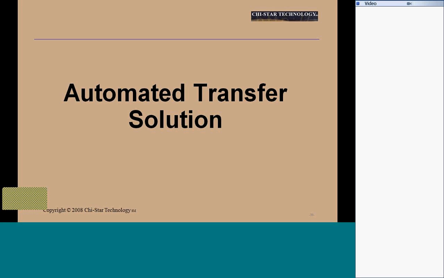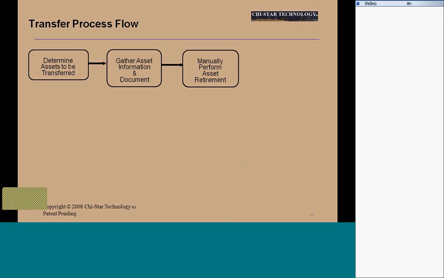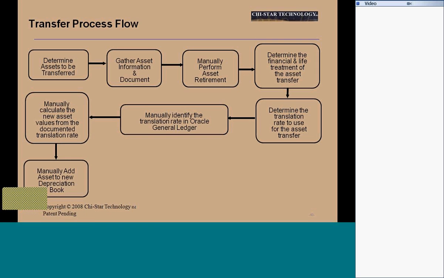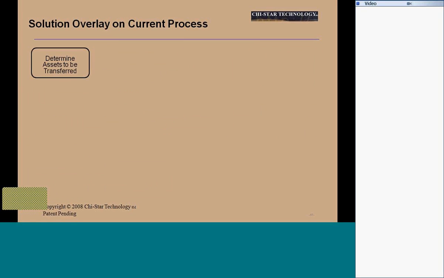If we move forward into our automated transfer solution, we'll look at the same flow chart that we looked at the very beginning. And what we're going to do is lay over what bit of this process gets eliminated during the automated process.